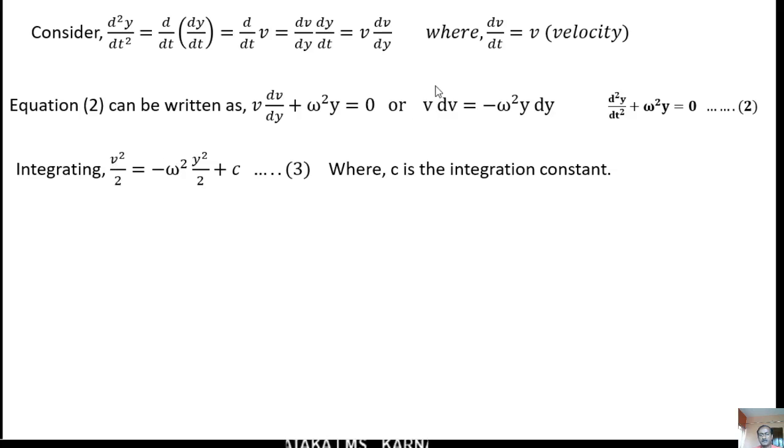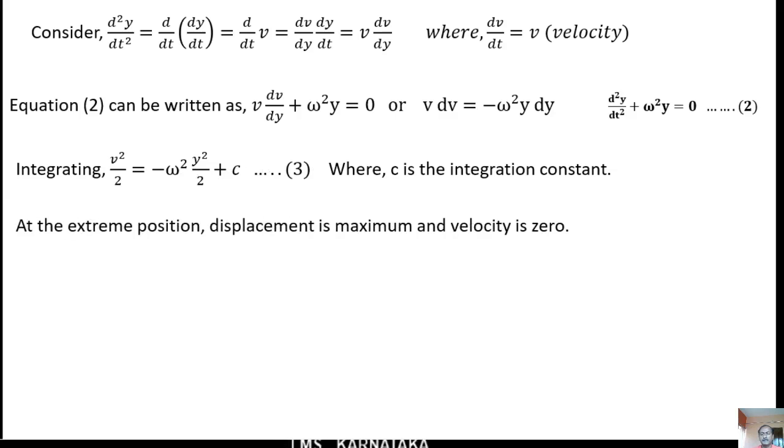On the right, omega square is constant and the integration of y with respect to dy is y square by 2, so minus omega square y square by 2 plus c. Let it be equation 3, where c is the integration constant.